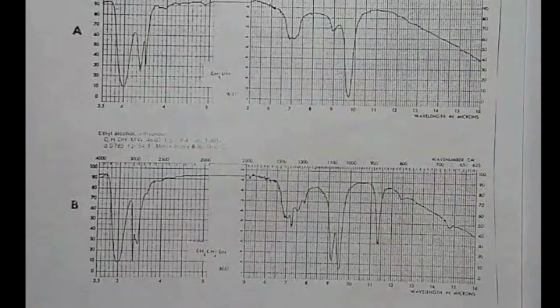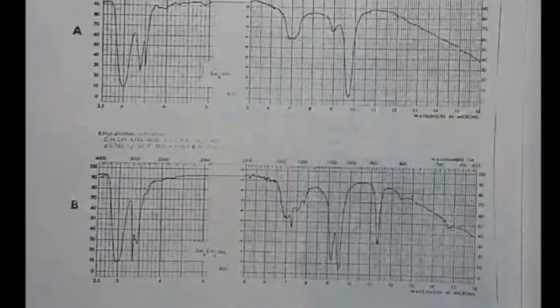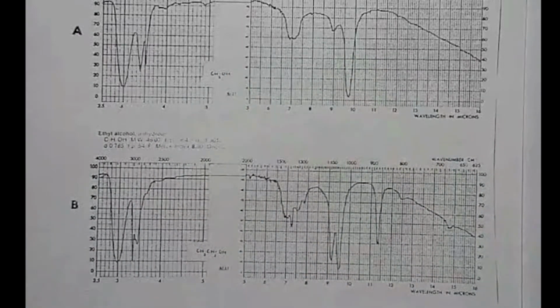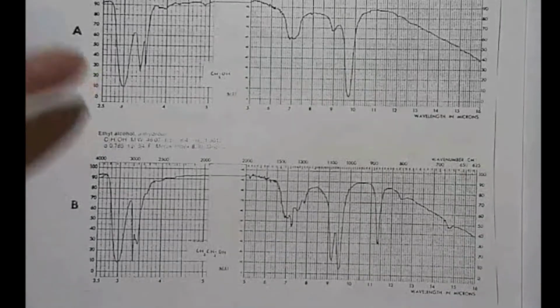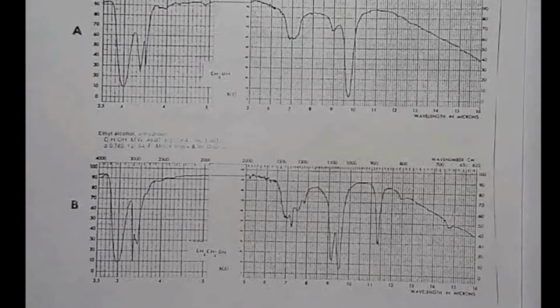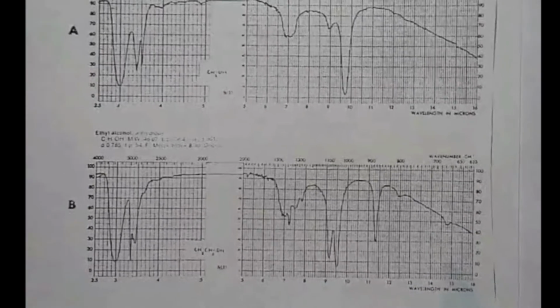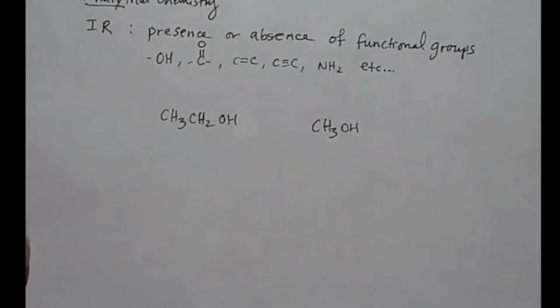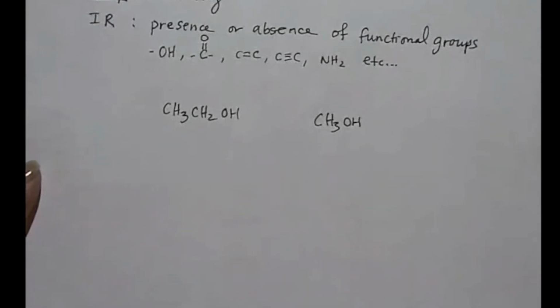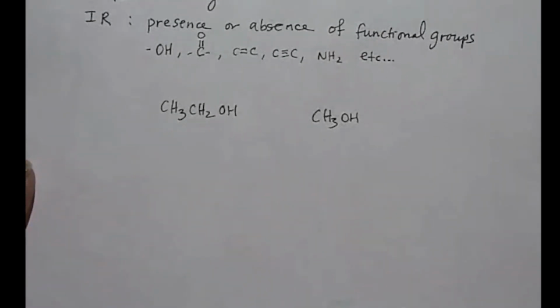But unless you had an IR of methanol and compare it directly right next to each other, you're not going to be able to tell just looking at the IR spectrum that, oh, of course, this is from ethanol and this is from methanol. We don't have a way to do that. So IR is useful in determining what functional group is present or what functional group is not present. But other than that, it does not allow you to analyze the structure of a compound.